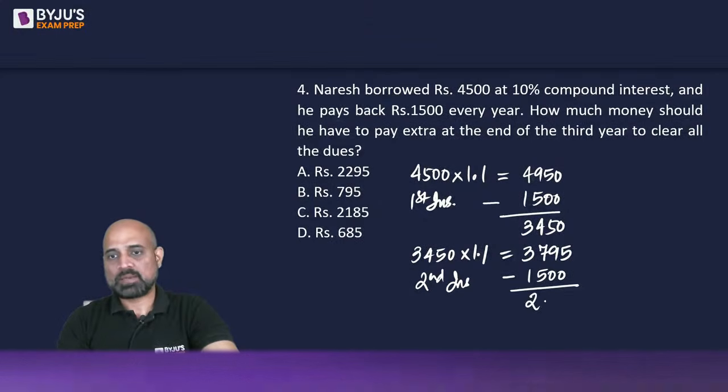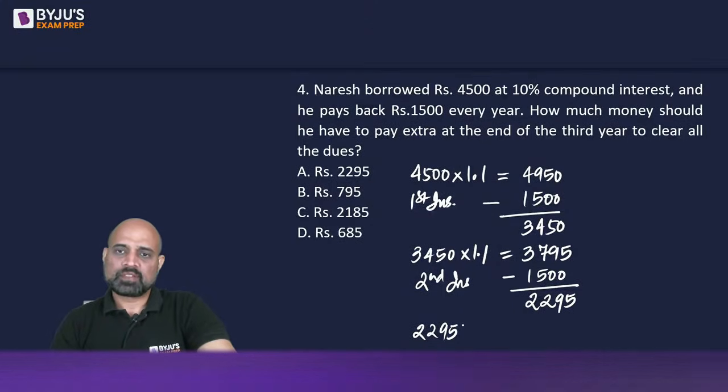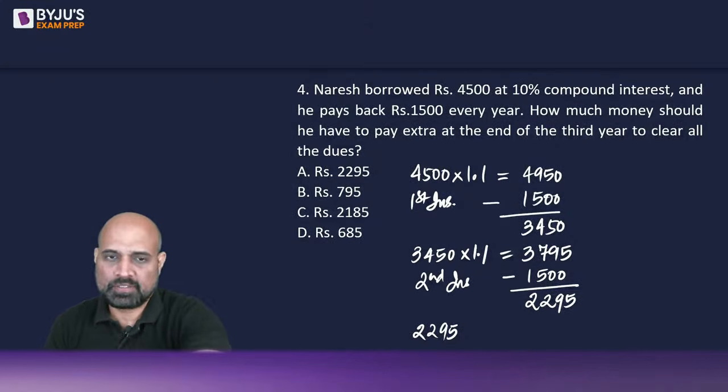So he ends up having 2,295. Now, what will happen in the third year? This 2,295, let's make this as how much money he should pay at the end of the third year.